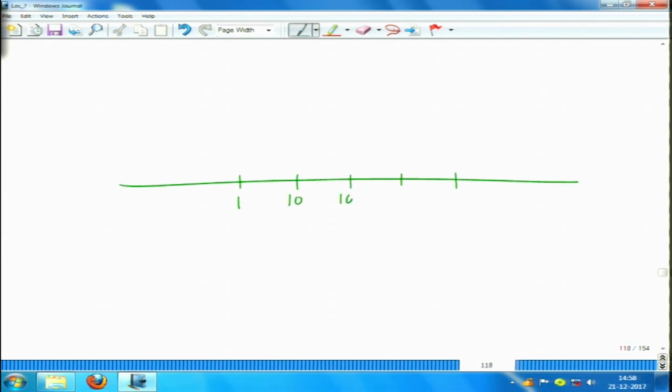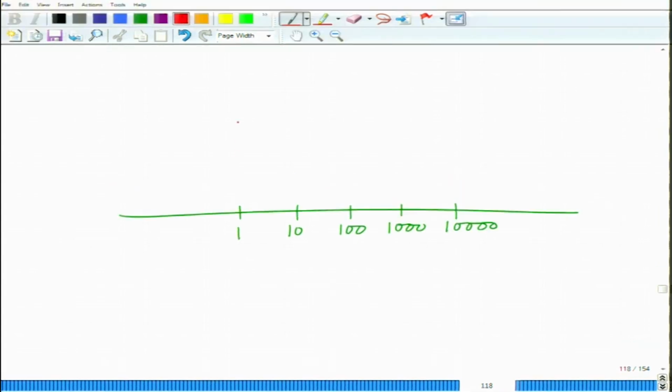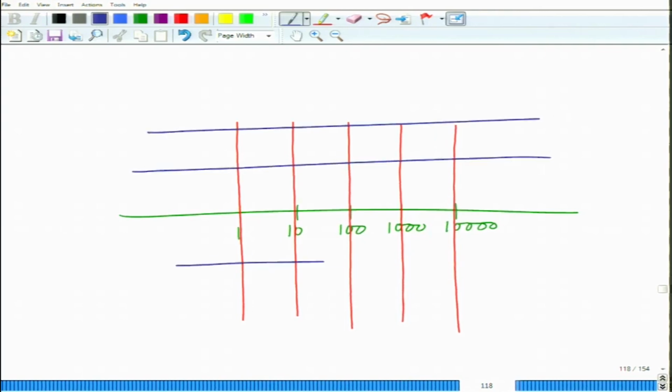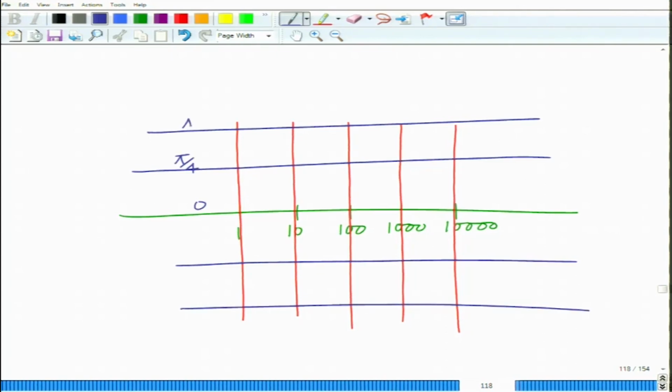So, this is 1, all right, and therefore, now if you plot the phase, so this is 0, this is pi by 4, this is pi by 2, minus pi by 4, minus pi by 2.